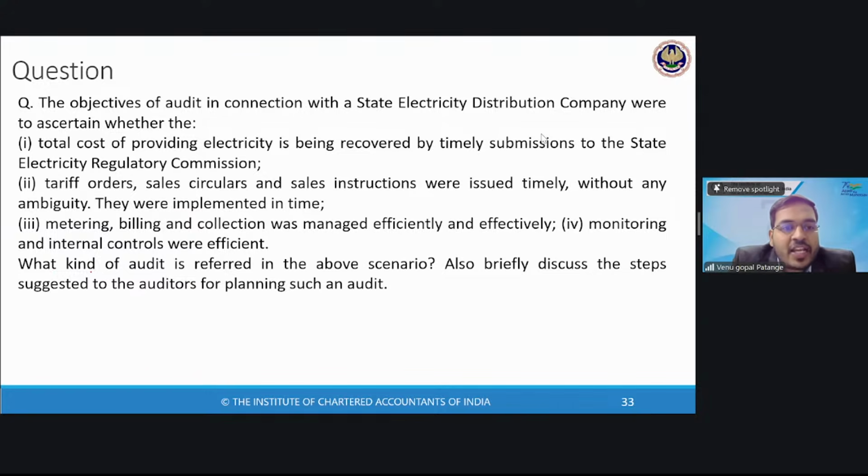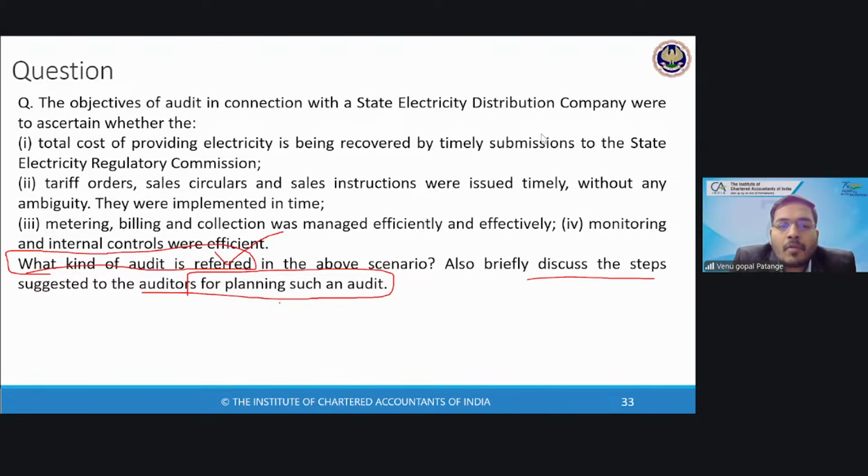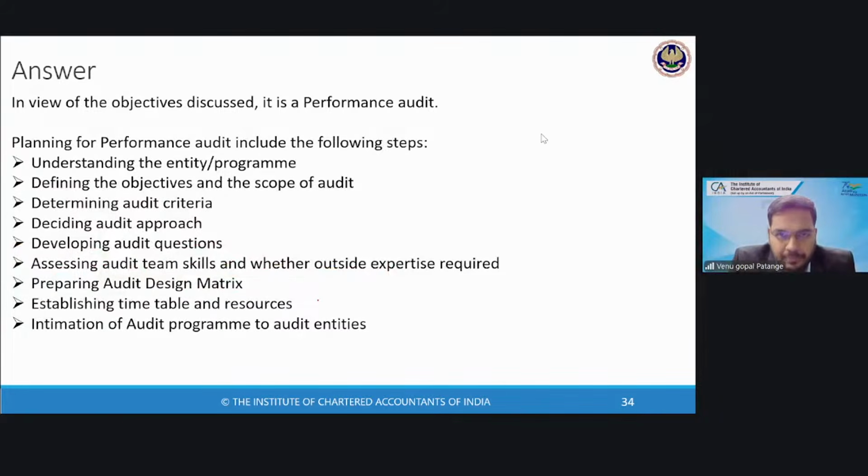You know financial audit, you know compliance audit, you know performance audit. Which audit is this? Sir, this is a performance audit, sir. This is a performance audit. What is it telling you to do? Briefly discuss the steps suggested to the auditor in planning stage. Yes, this is the answer. Next.